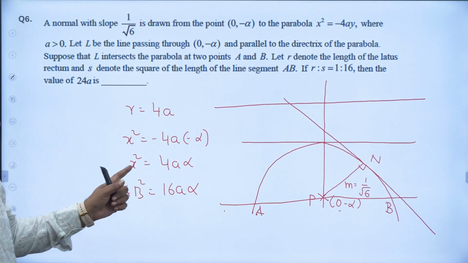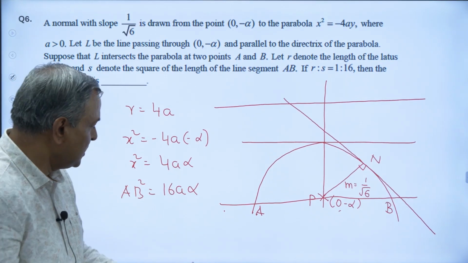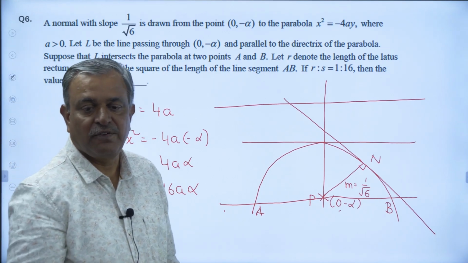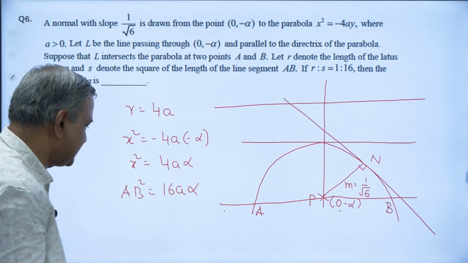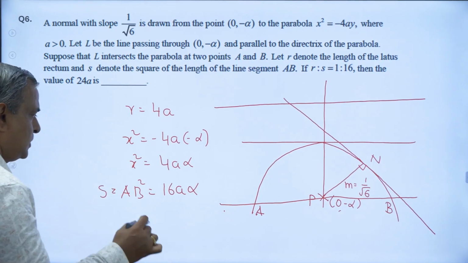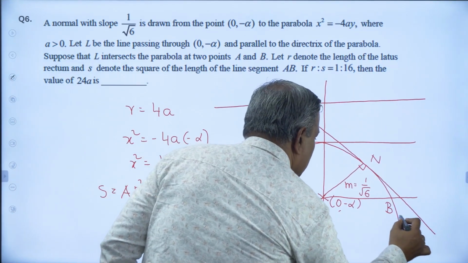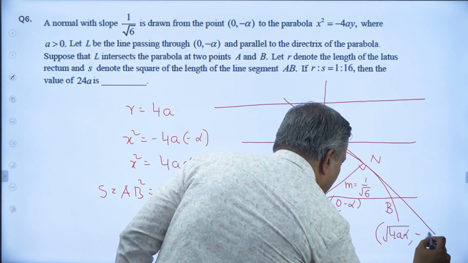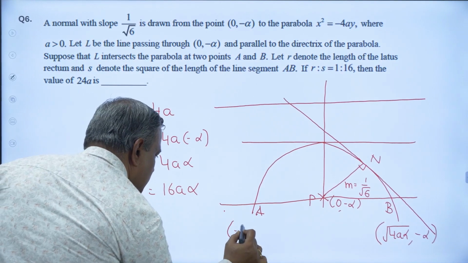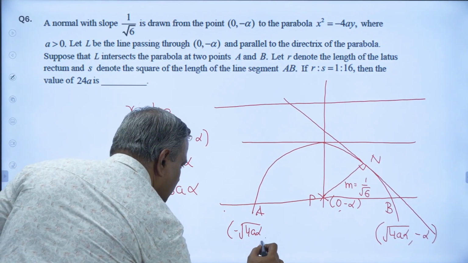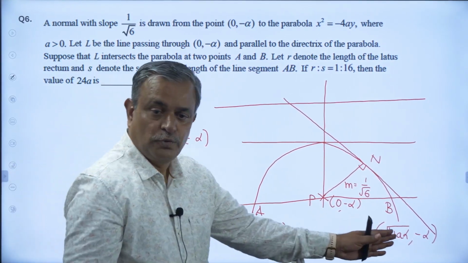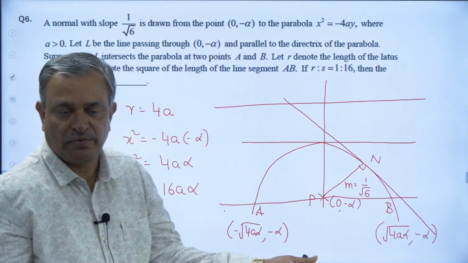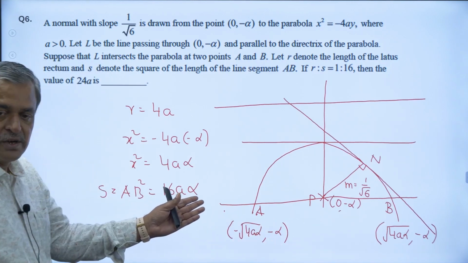X square is equal to 4a alpha, so even if you calculate it, you get 16a alpha, the value of AB square, the S value. How? The x value is root 4a alpha, comma minus alpha, and minus root 4a alpha, comma minus alpha. So the distance is 2 root 4a alpha, and its square is 16a alpha.